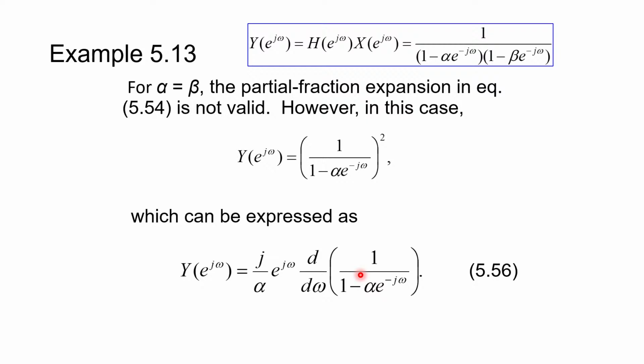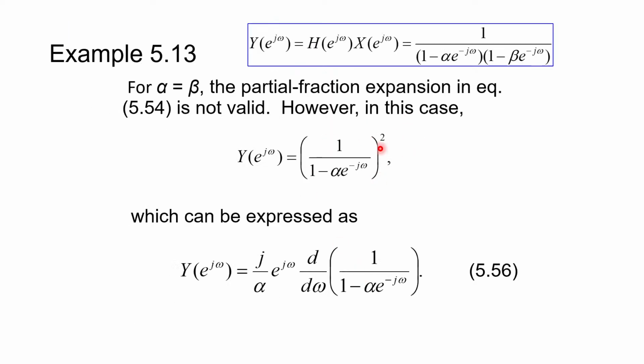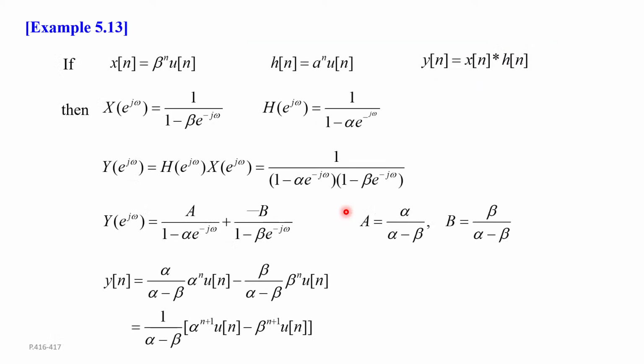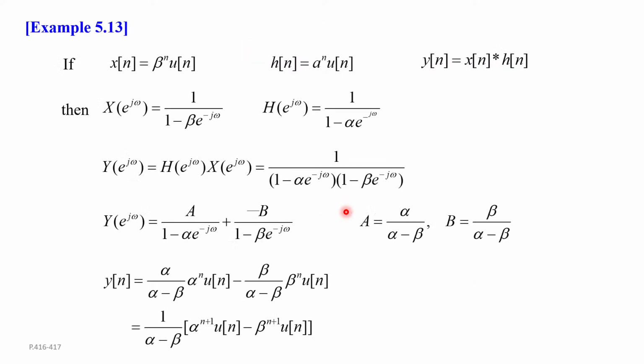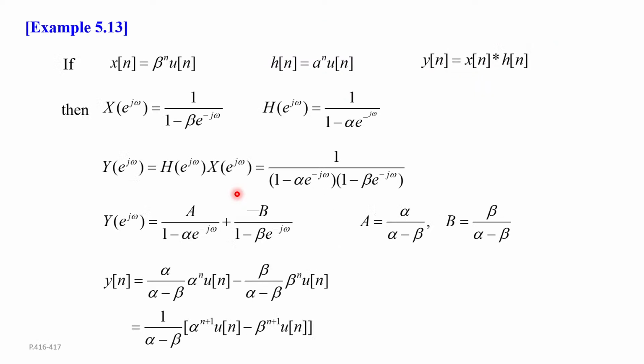And obviously you can have a similar thing, and if you have more powers, then you need to do more differentiation, and those rules will be summarized in a table. And also probably after the midterm, we'll talk about how to solve difference equations, and you also need to do a whole bunch of partial fraction expansion.